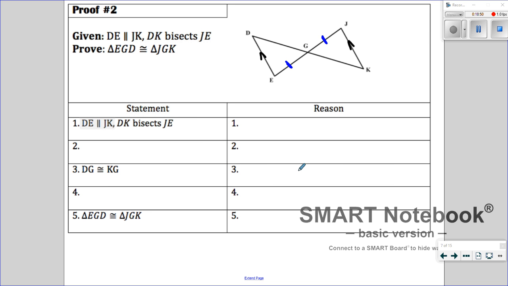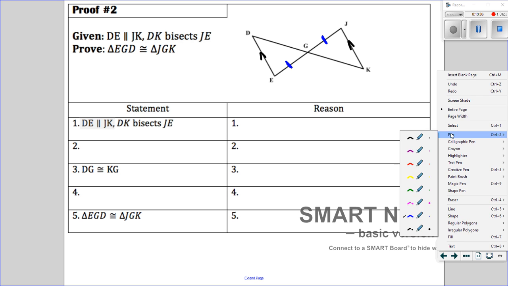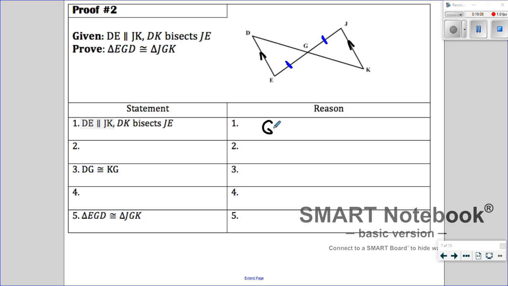And they want us to prove that EGD is congruent to JGK. So the first statement: they said that DE and JK are parallel to each other, and DK bisects JE. So that's given. They gave us that in the beginning.